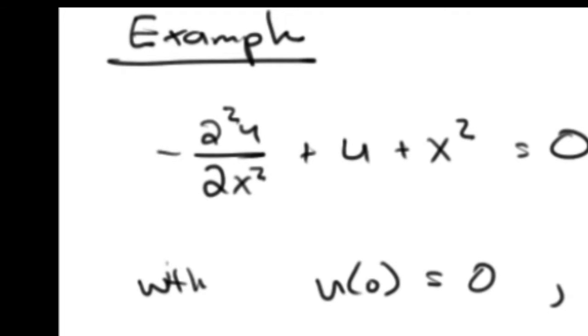So if we do that, the weak form is that, and I've written it in such a way that I've grouped the terms that involve del u and u and the terms that only involve del u.